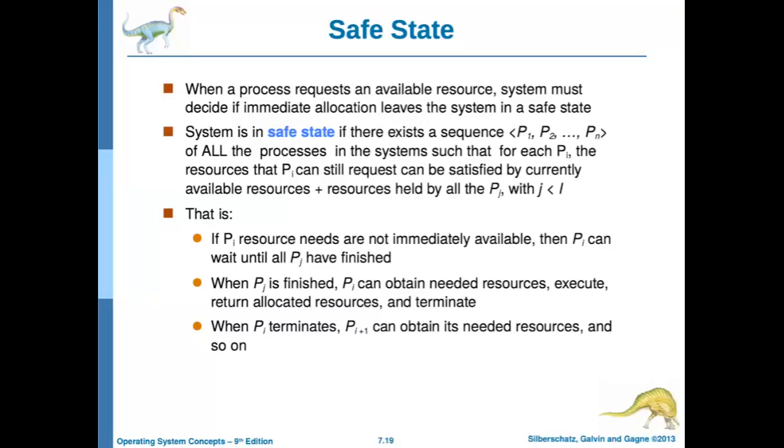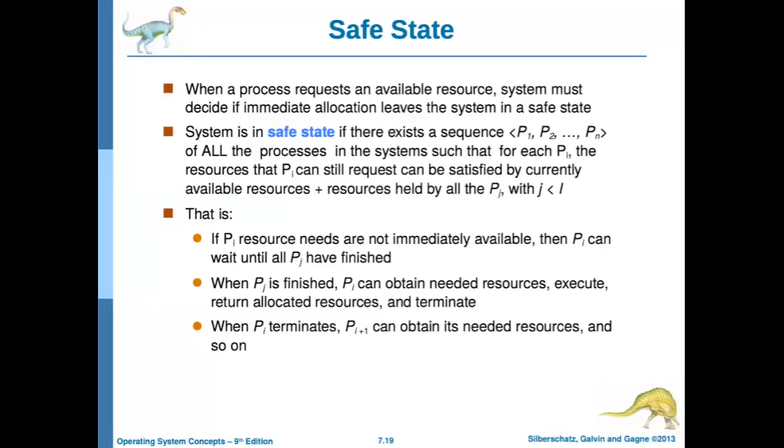Whenever a process requests an available resource, the system must decide whether we can grant the resource or not, and that will be decided depending upon this safe state.